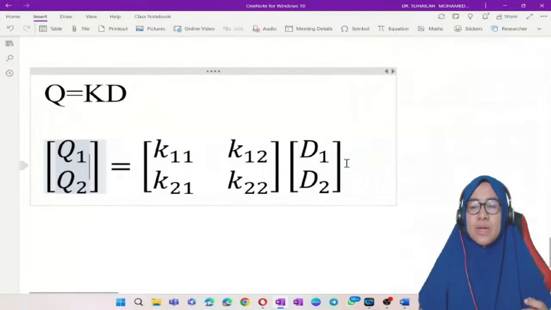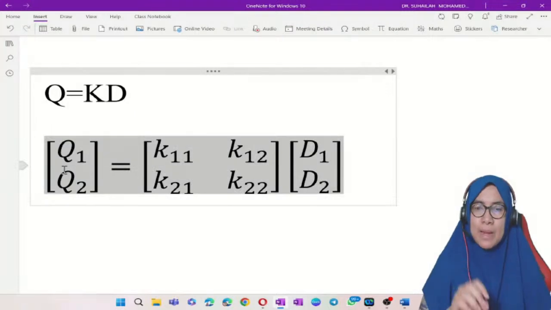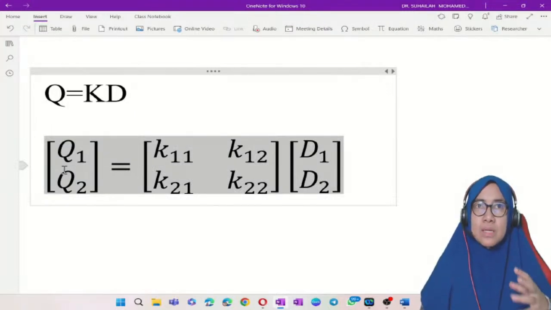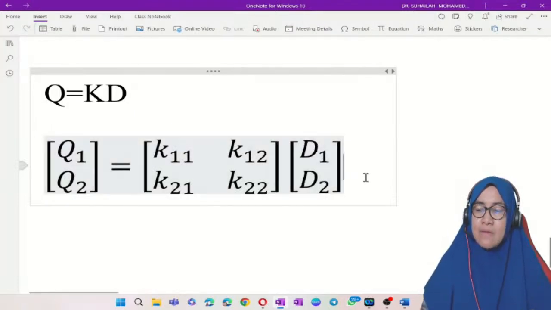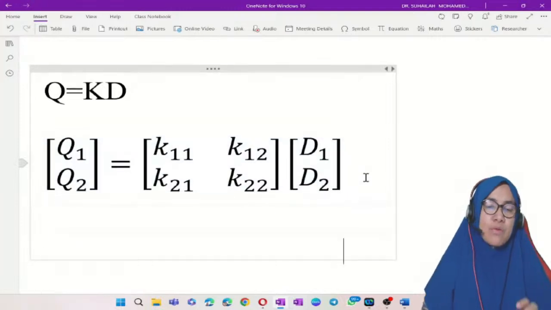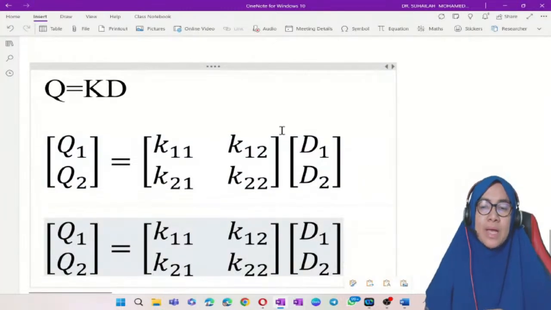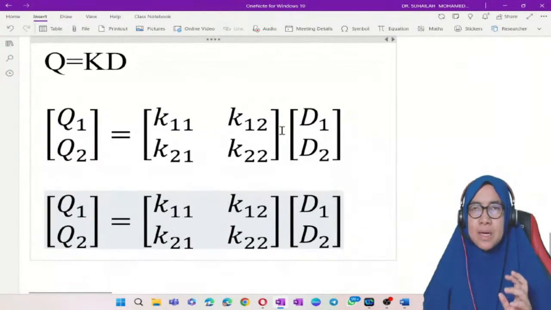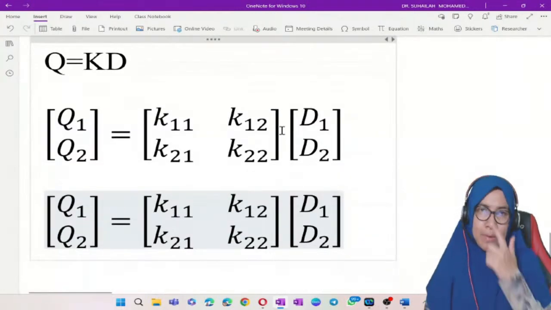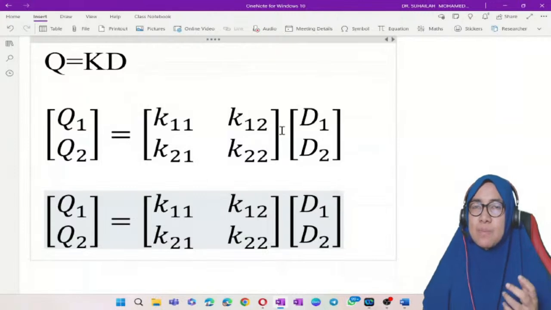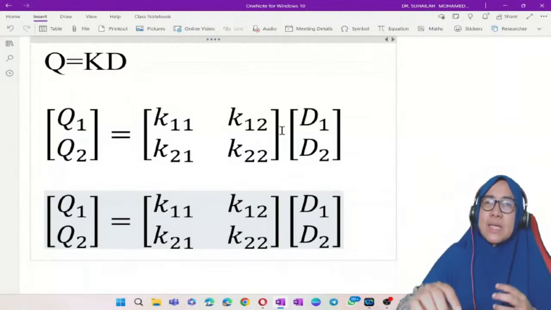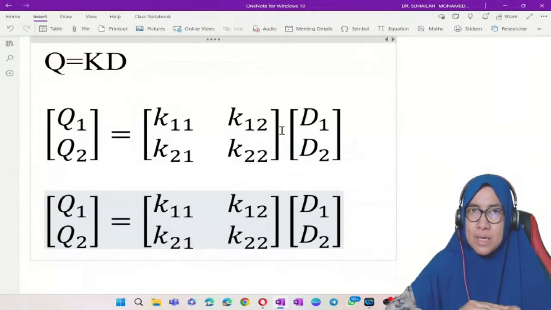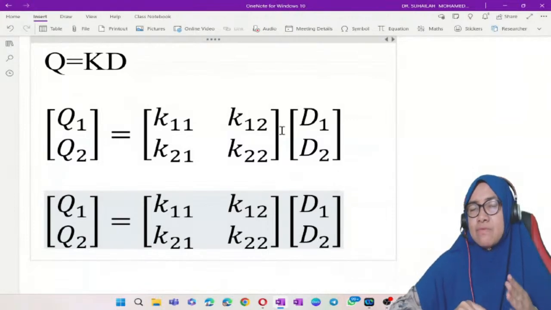What we need to do is replace all the known values inside this, and after that solve for the unknown displacements, D1 and D2. D1 represents horizontal displacement, because 1 is in the horizontal direction and 2 is in the vertical direction.